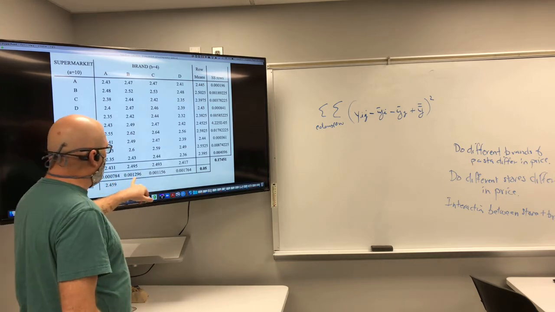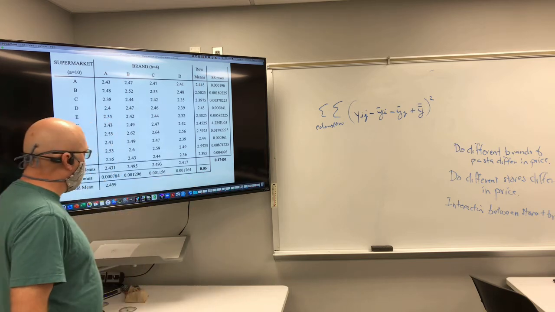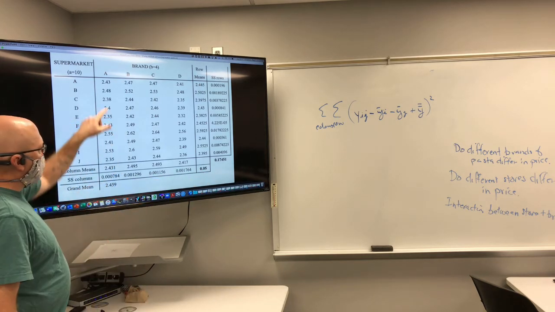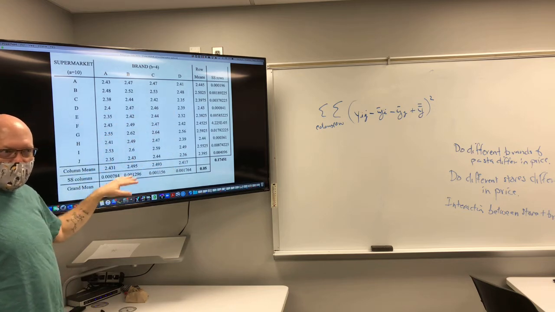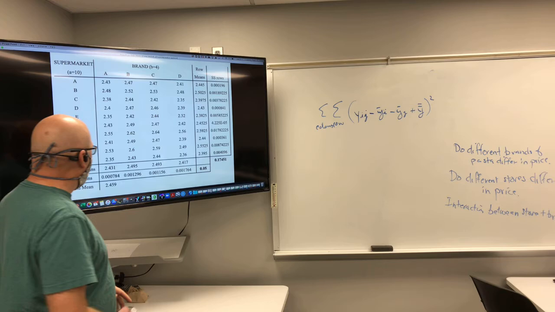Now if you add these up, they don't add to 0.05, but then you multiply this times 10 because you have 10 observations that this is being made across.